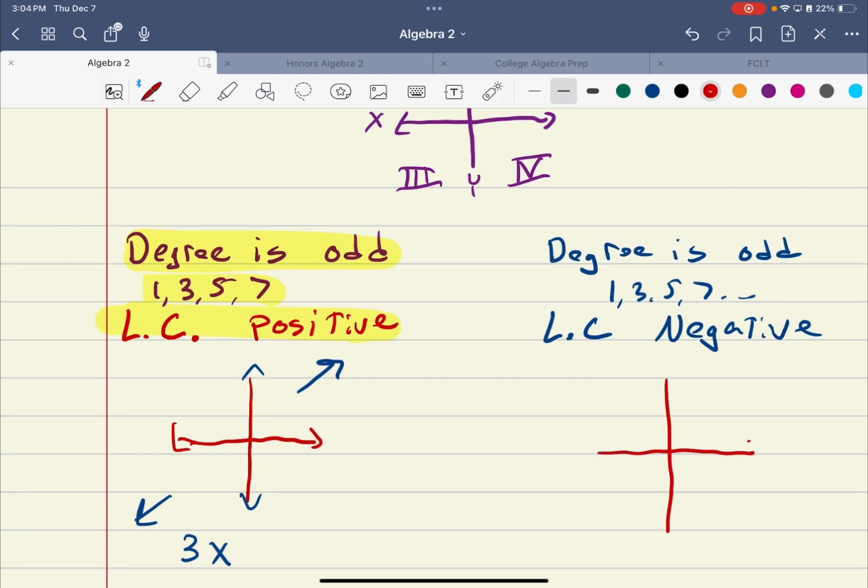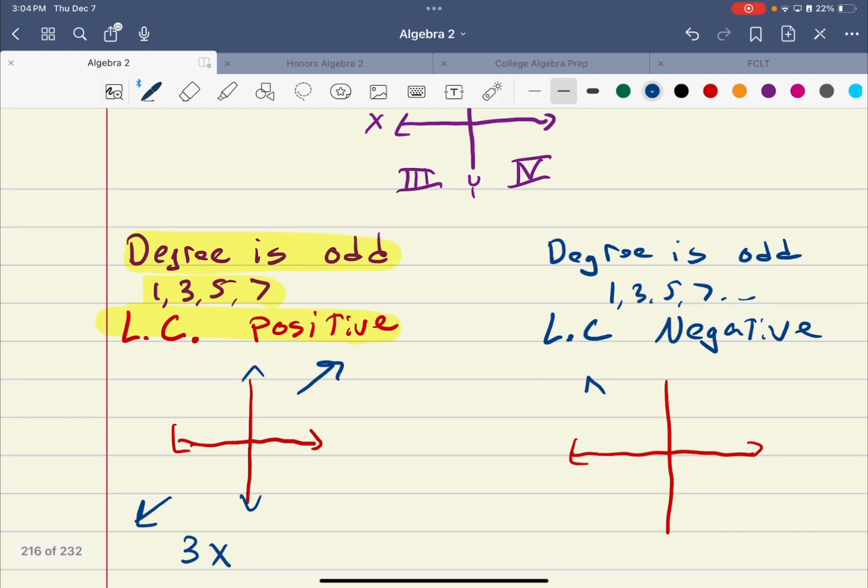Then it has that downward slope. So the end behaviors of this are in quadrants 2 and 4. Okay, so it's that negative slope thing. It's going downhill. It doesn't matter if it's a third degree, a cubic, fifth degree, a seventh degree, whatever. That's where their end behaviors are going to be.